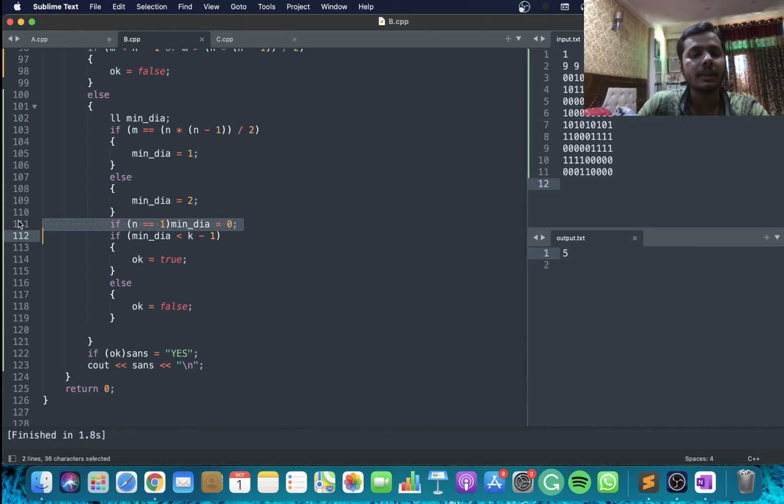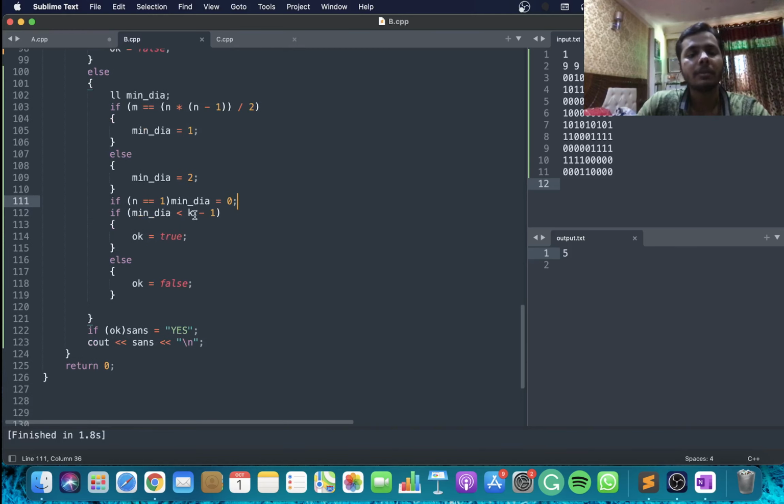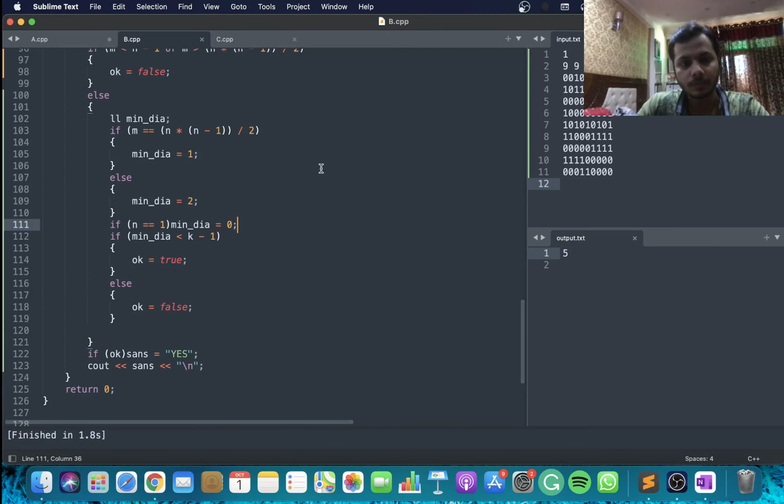And this is the corner case which I was talking about, and that is when n is equal to 1. In this case, the minimum diameter would be 0. And finally, I am just checking if the minimum diameter is strictly less than k minus 1 or not. If it is, then I am fine, else I am not fine. And finally, if I am fine, I am outputting yes, else I am outputting no.